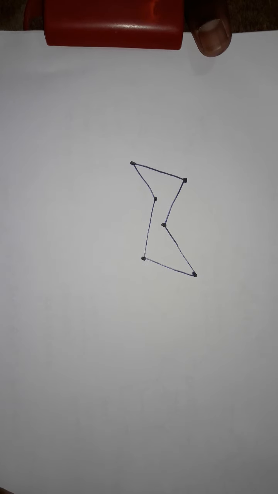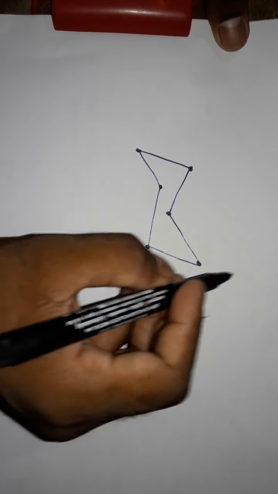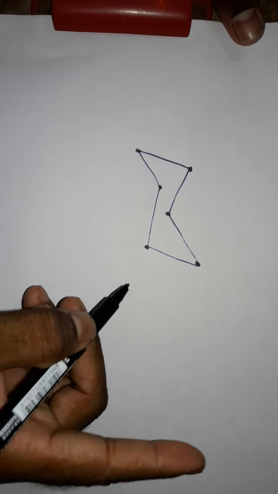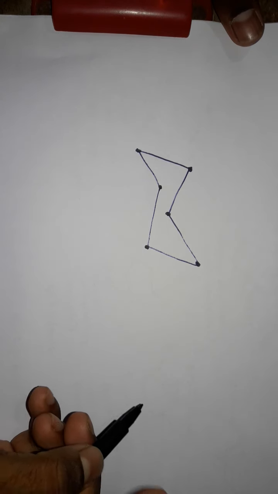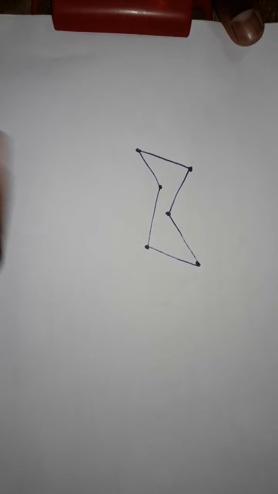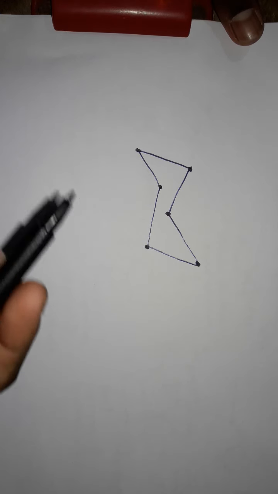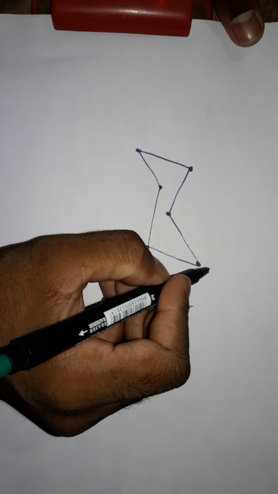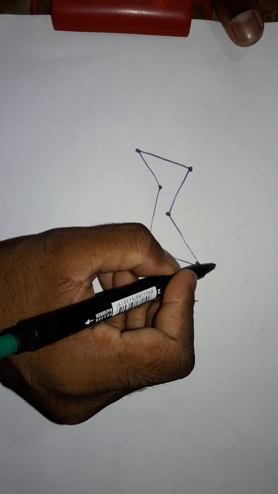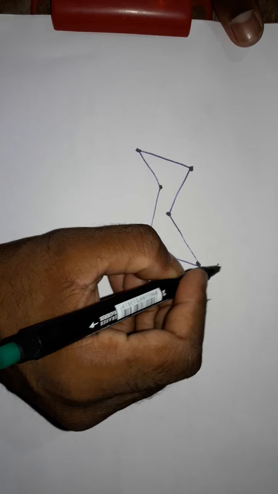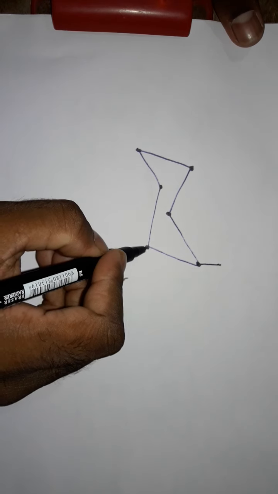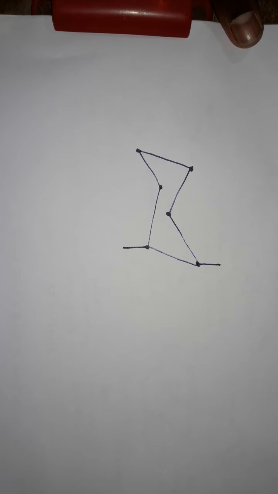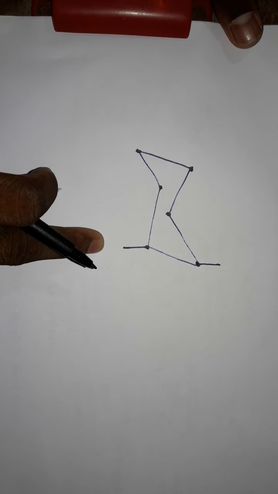Now as far as the bonding is concerned, each carbon has one axial bond and one equatorial bond, and the axial bonds alternate. Means if at this carbon the axial bond is above the plane, then at this carbon the axial bond will be below the plane, towards the downward direction.